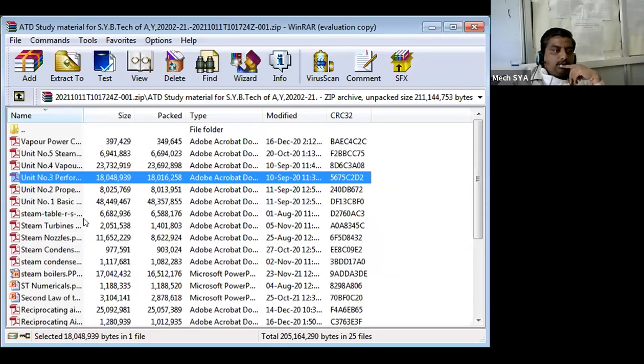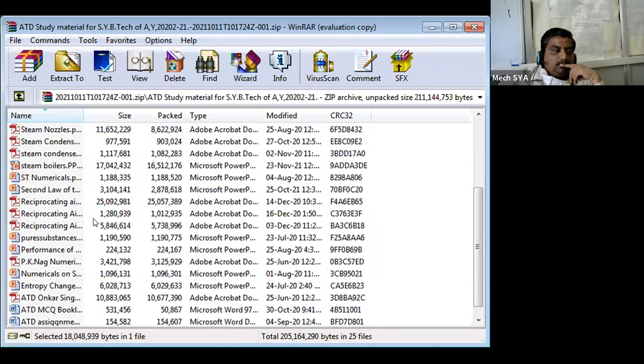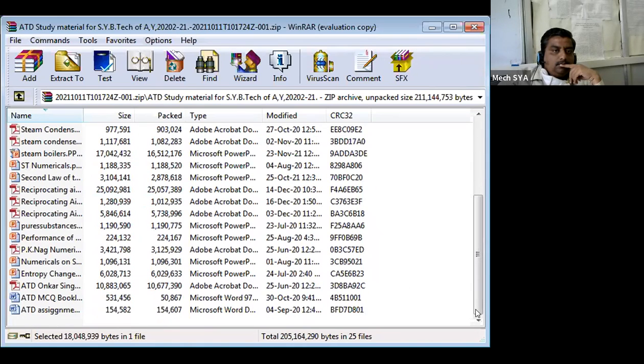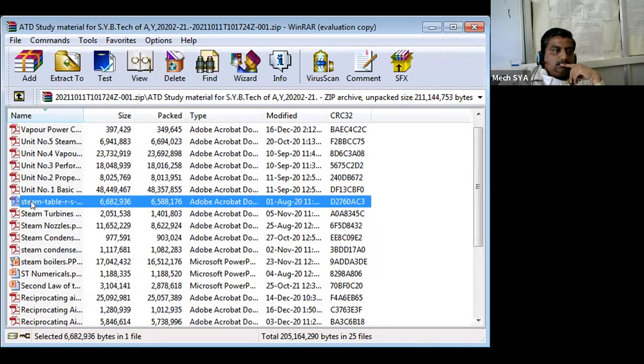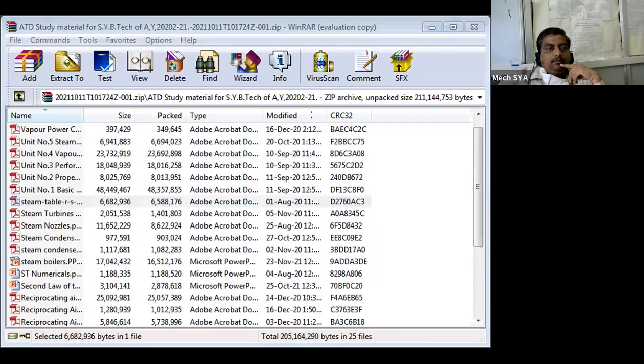We'll check the steam table. We want to get the value of what?